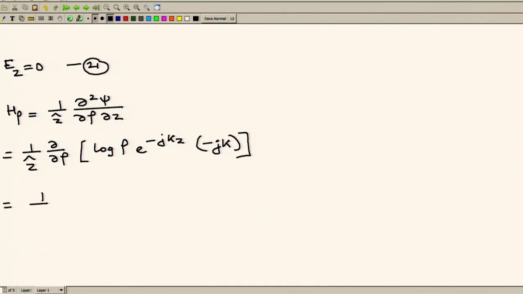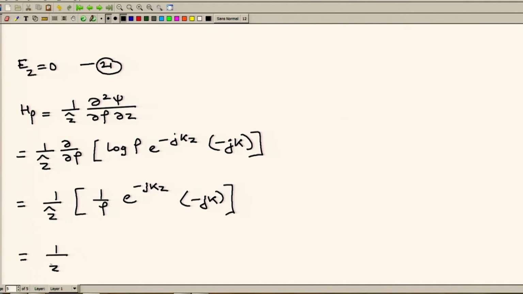That will give us 1 upon Z cap. Again with respect to rho, log rho we will have 1 upon rho e to the power minus j k z, times minus j k. So, we have 1 upon Z cap, minus j k upon rho e to the power minus j k z. So, this is H rho. We will give it as equation number 22.